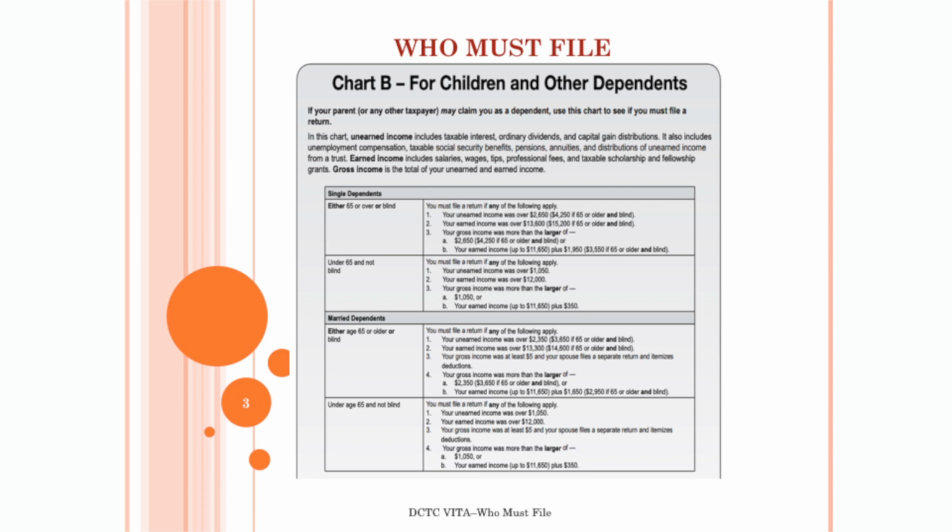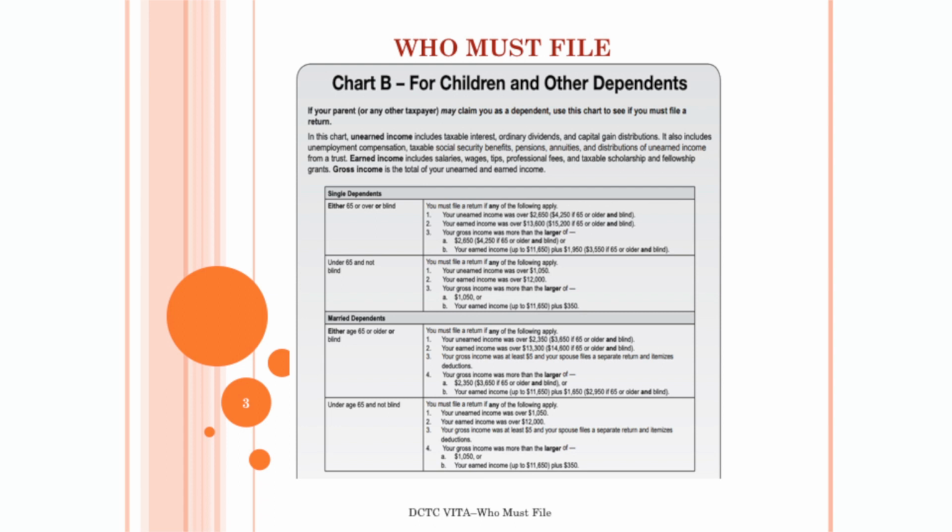So for single dependents, either 65 or older or blind, you must file a tax return if any of the following apply. Your unearned income was over $2,650, or $4,250 if 65 or older and blind. Number two, your earned income was over $13,600, or $15,200 if 65 or older and blind.